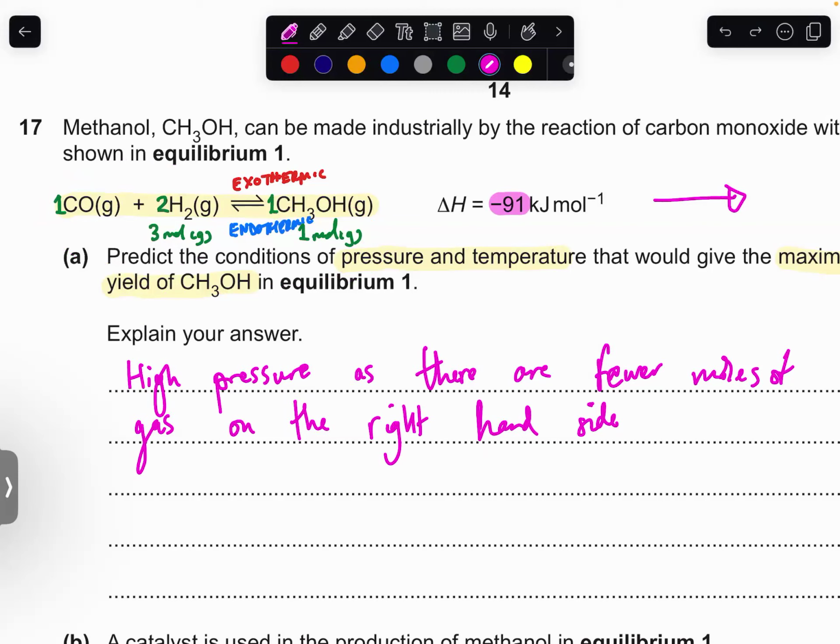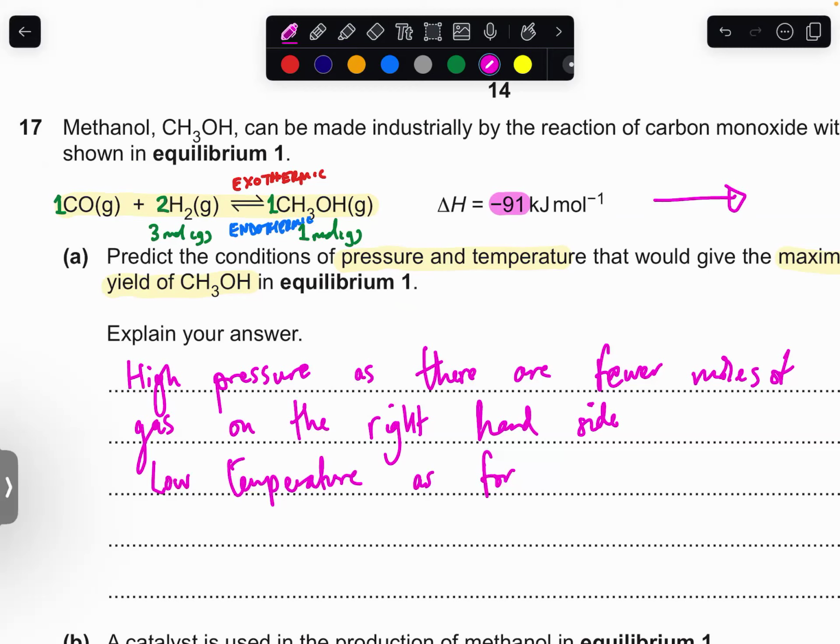Let's look at temperature. For temperature, we'd actually use a low temperature. And why will we use a low temperature? By lowering the temperature, you've disturbed the equilibrium. And to oppose that change, it is going to want to bring the temperature back up. For that, the exothermic reaction is favored, which is the forward reaction.